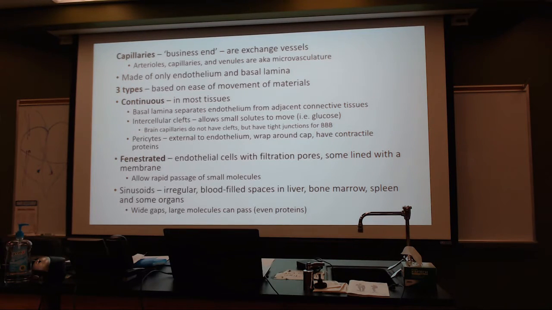Any exchange that is going to occur between the blood and the tissues which contain the cells of the body is going to happen at the capillary level. Their only makeup is endothelium, which was what structure?